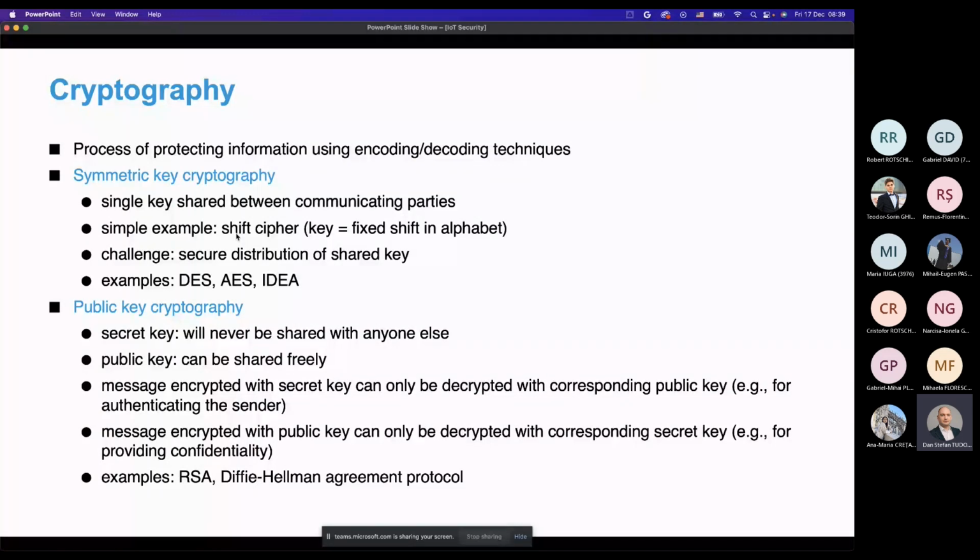There are, of course, more advanced symmetric cryptography protocols available today. Some of them are probably very familiar to you: DES, AES, IDEA, and so on. These usually employ a coding and decoding scheme using this symmetric key. The problem with symmetric key cryptography is that you need to have this key shared between the peers before the communication actually starts.